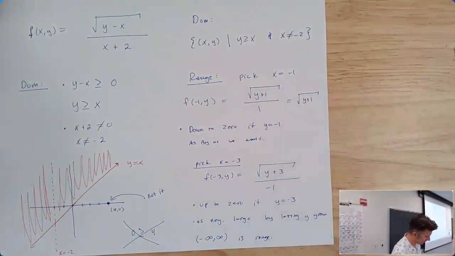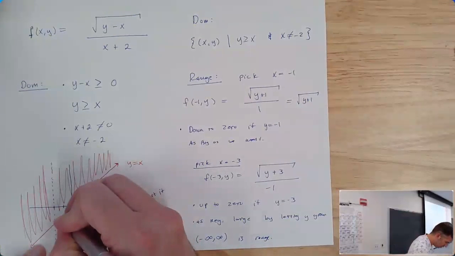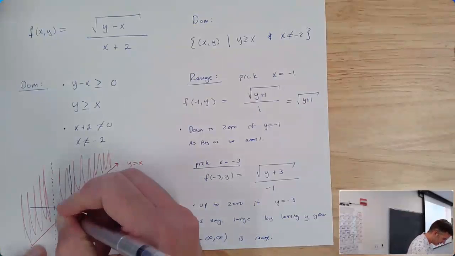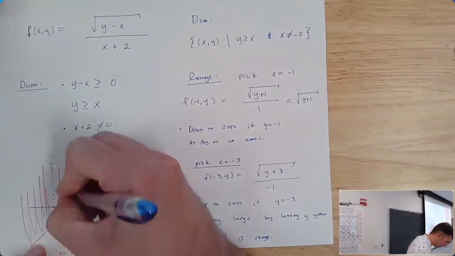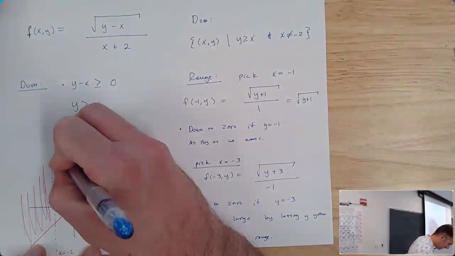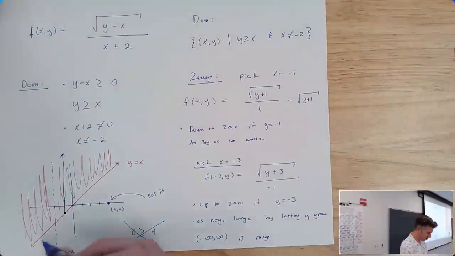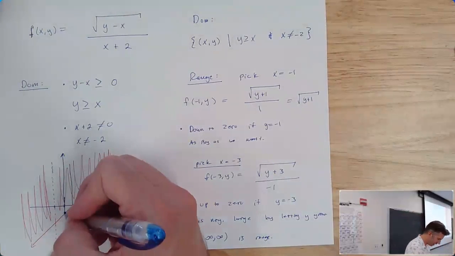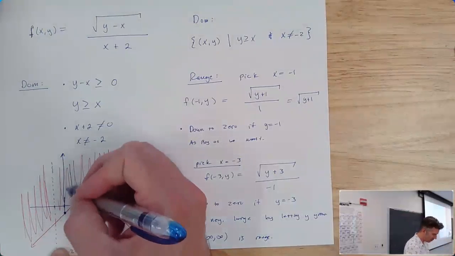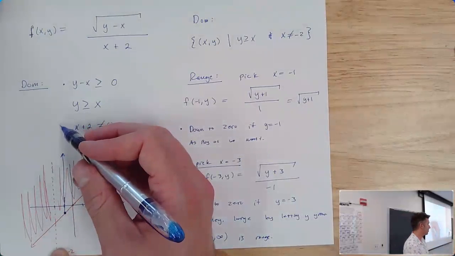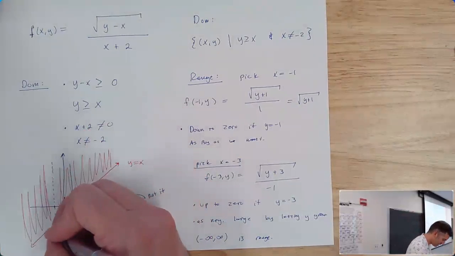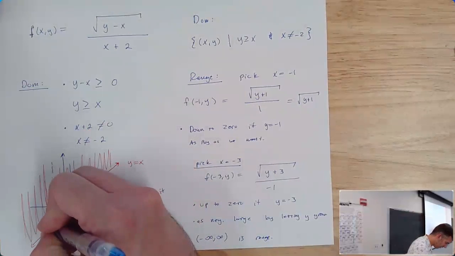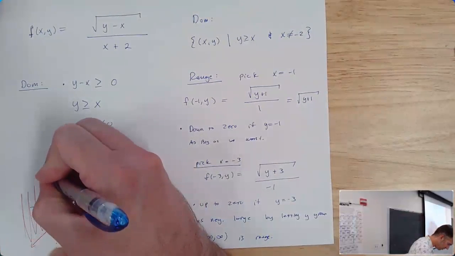This line, letting x equal -1 and y equal anything from -1 upwards, gives me every possible positive output I want. And this line here gives me every possible negative output I want.